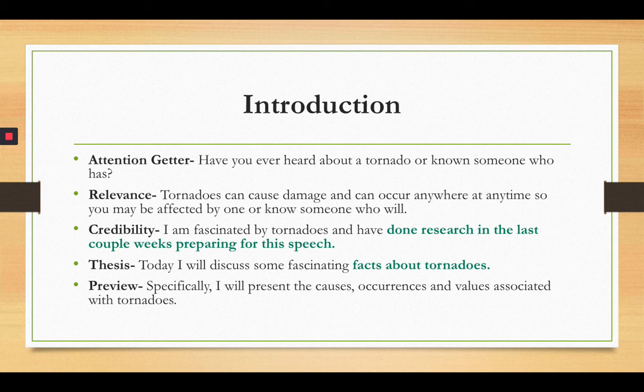Why do you choose the topic? Why do you ask them that question? Okay, have you ever heard about a tornado or known someone who has? Now, tornadoes can cause damage and can occur anywhere at any time, so you may be affected by one or know someone who will.